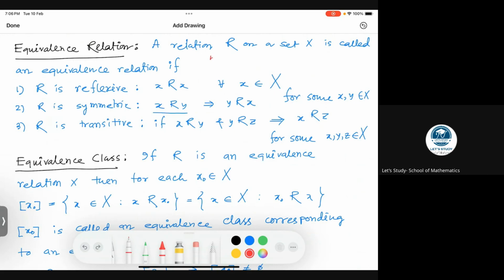What is the meaning of well-defined? It means there is no ambiguity. So, no ambiguity means, see, if I say collection of all good students, is it a set?